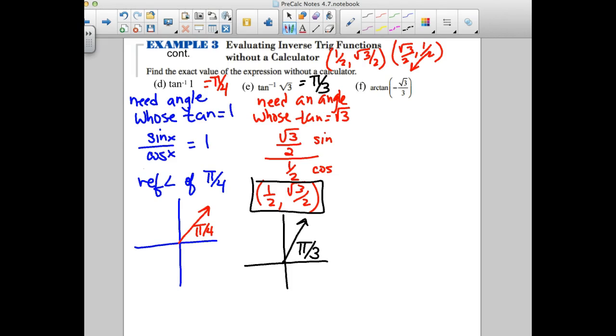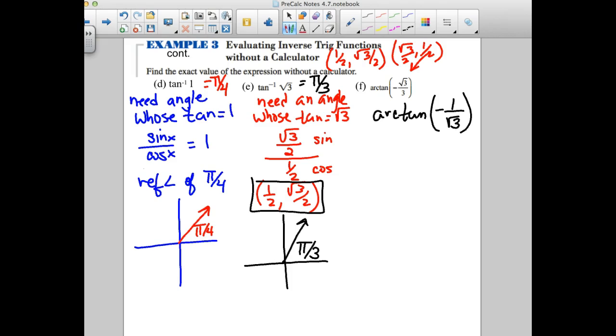All right, last one here. It says arctangent of negative root 3 over 3. We need an angle whose tangent is negative root 3 over 3. Hopefully when you look at that, you can tell that it's been rationalized. If we were to unrationalize it, we are saying we want the arctangent of negative 1 over root 3. That would be the unrationalized version of that.